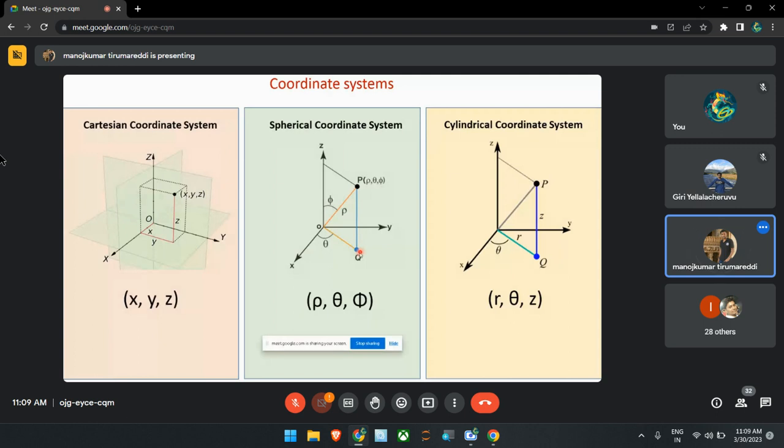We denote rho, theta, phi as the position in the spherical coordinate system. Coming to the cylindrical system, which has some radius and height, this r is making angle theta with respect to the x axis. So these are three.